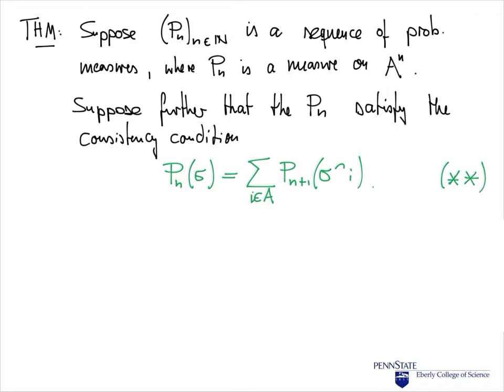We also assume that our Pn satisfy the consistency condition, double star, meaning that Pn of sigma, a string over A, is the sum of the Pn plus 1 of all the possible extensions of sigma in A.